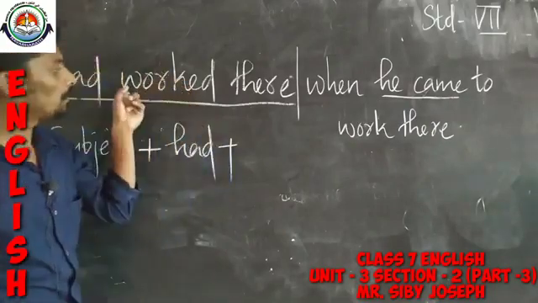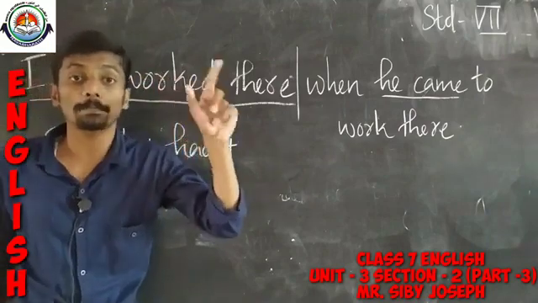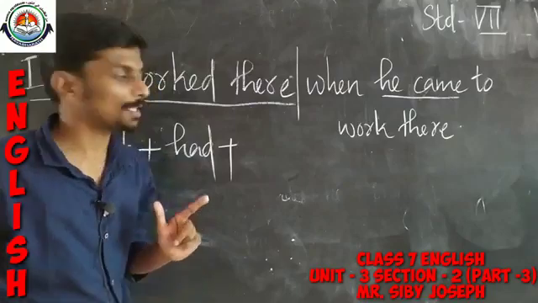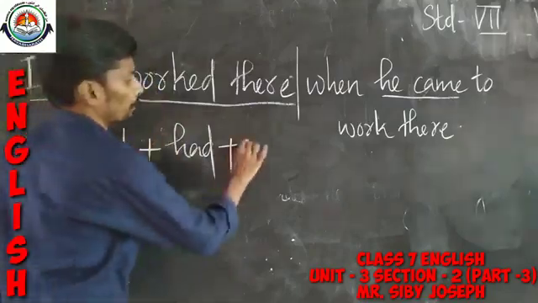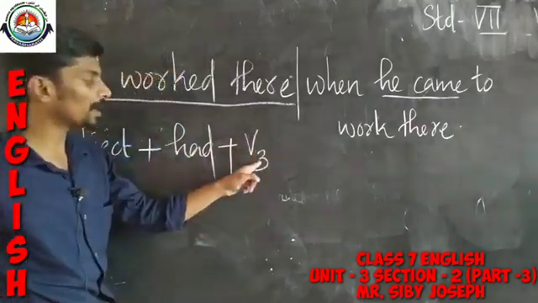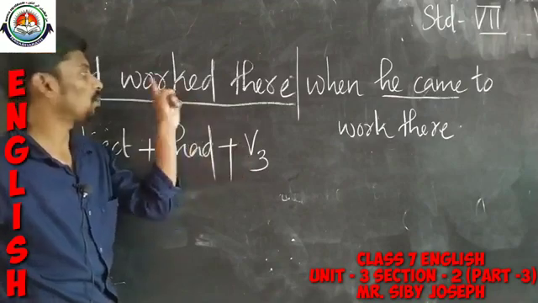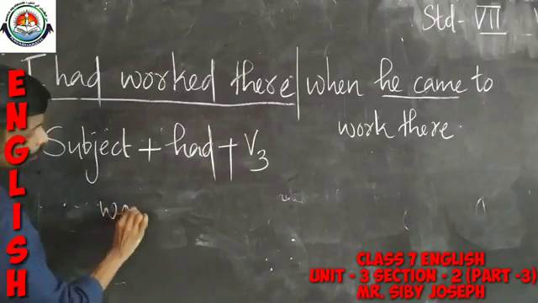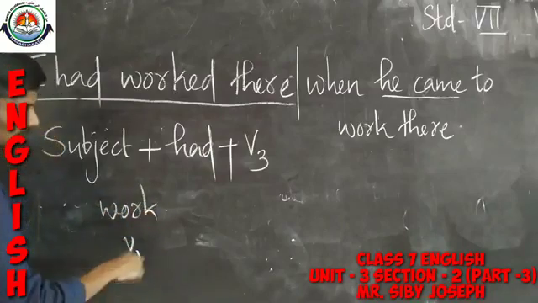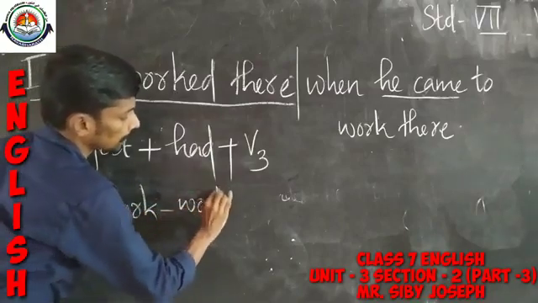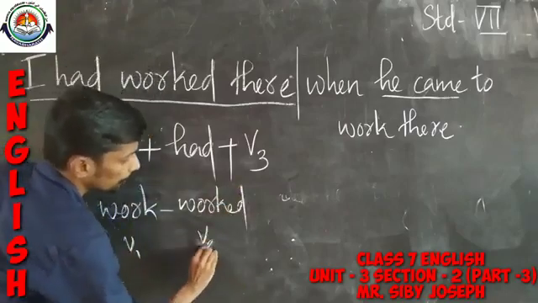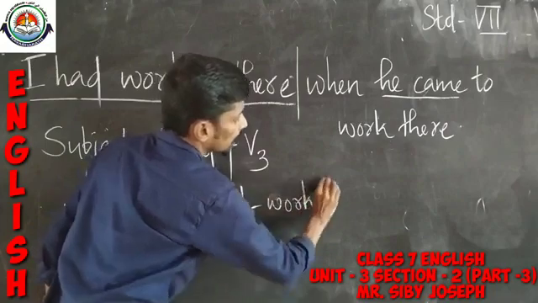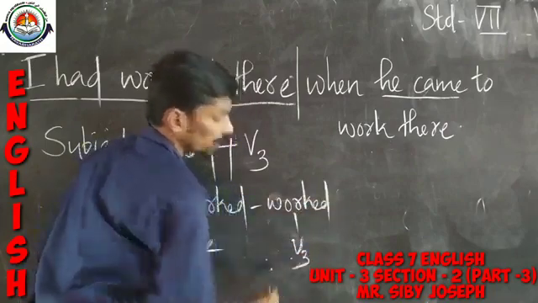Worked is actually the third verb form. That means worked is the past participle of work, the V3 form, the third form of the verb work. You all know that work is V1, worked is V2, and again worked is V3.